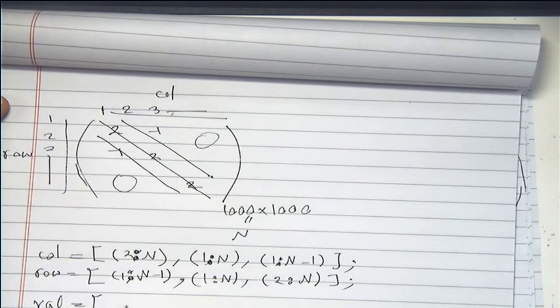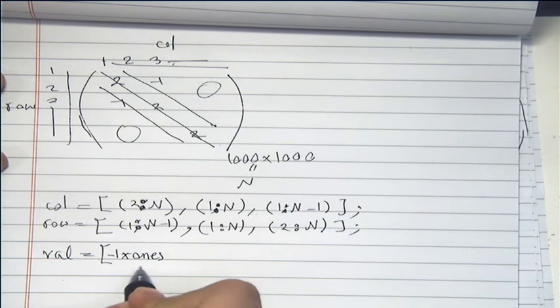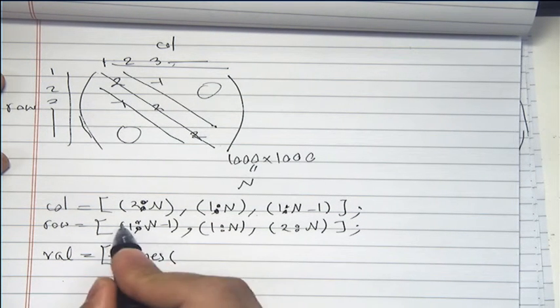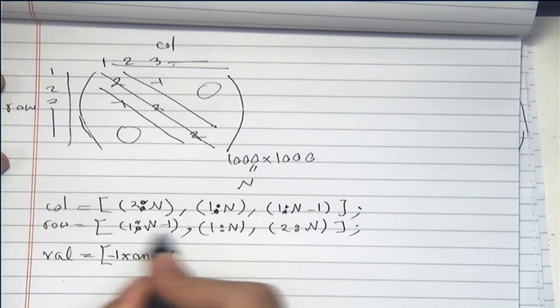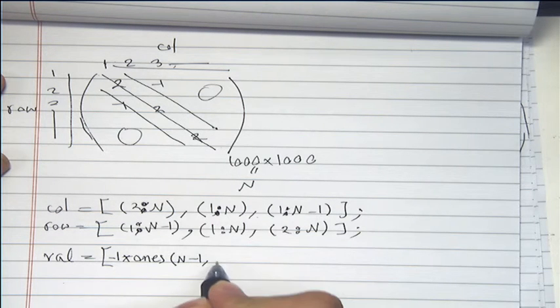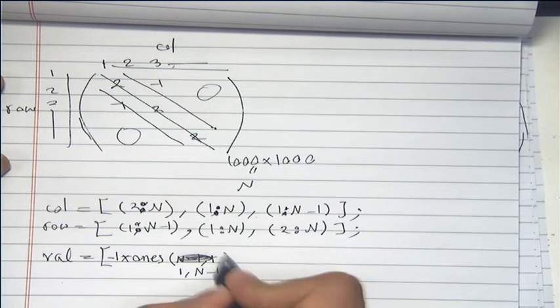The upper diagonal was -1, so I'm going to write -1 times ones, which is a command that creates ones of a certain dimension. Here I want the dimension to be equal to the dimension of the rows and columns that I put here. So it's going to be 1 by n minus 1, a row vector.